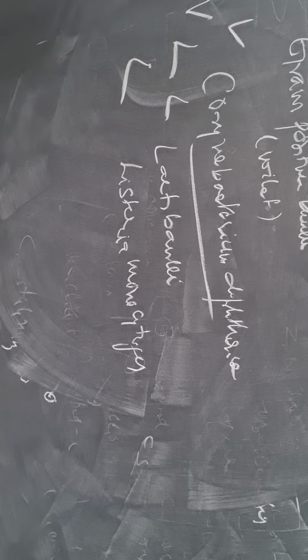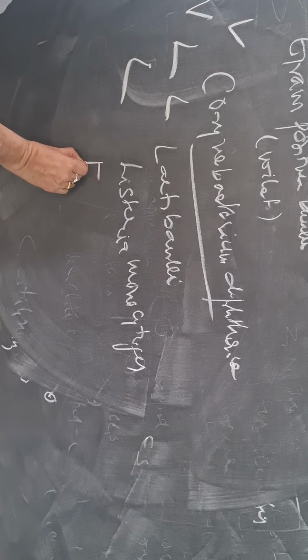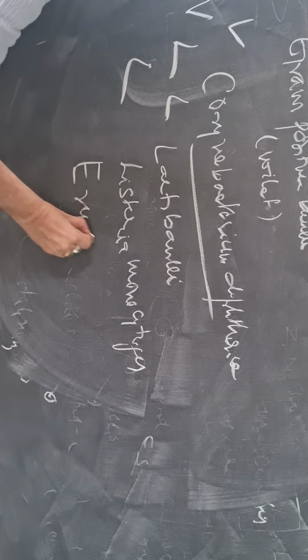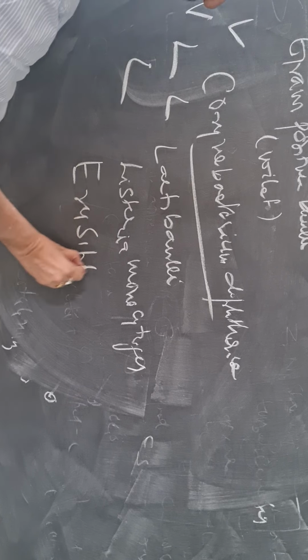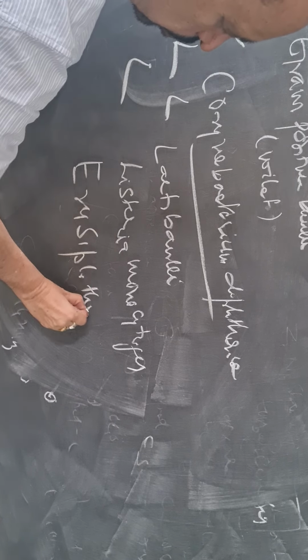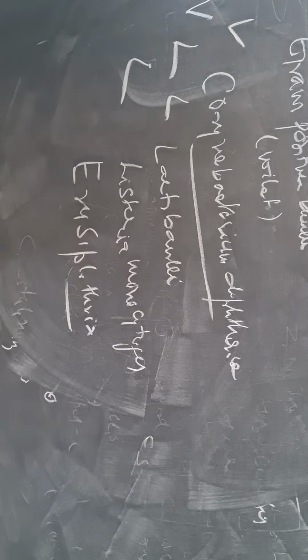Then Erysipelothrix rhusiopathiae, it gives rise to skin erythema. Important organism you should know is Corynebacterium diphtheriae. Rest are all Lactobacilli, Listeria, Erysipelothrix. These are all gram positive.